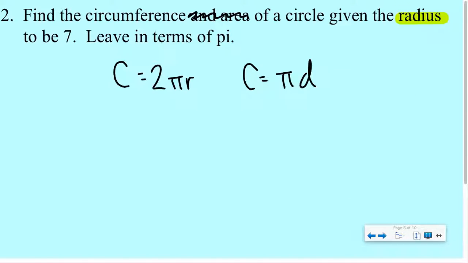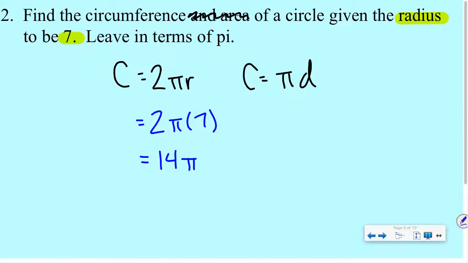It says the radius is 7. So if I were doing this one, if they give me the radius, I would probably just use the radius formula. 2 pi times 7. Like radicals, you just multiply the numbers out in front. So I'm just going to multiply the 2 and the 7. Gives me 14. So our circumference would be 14 pi.